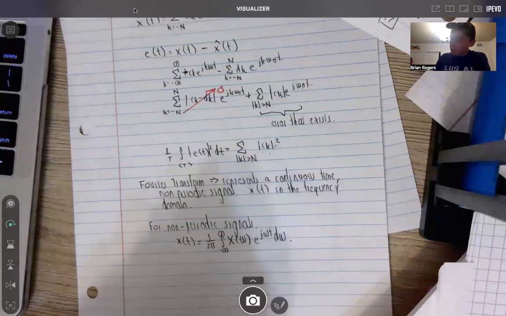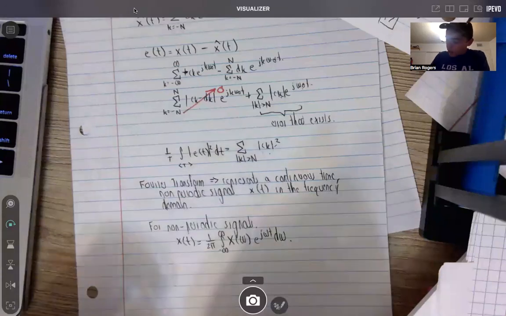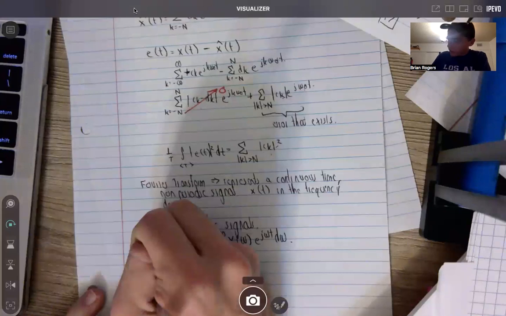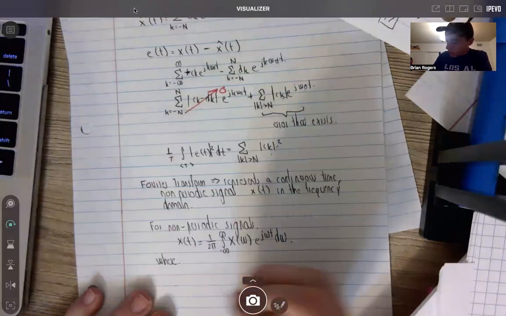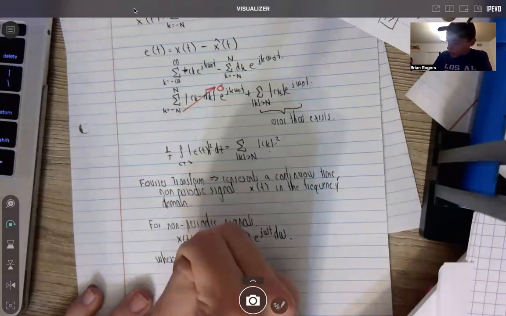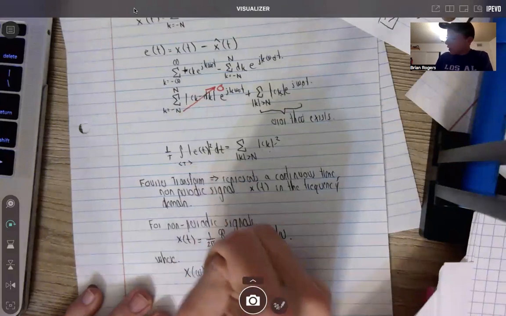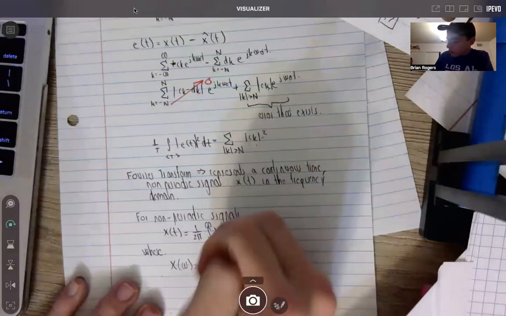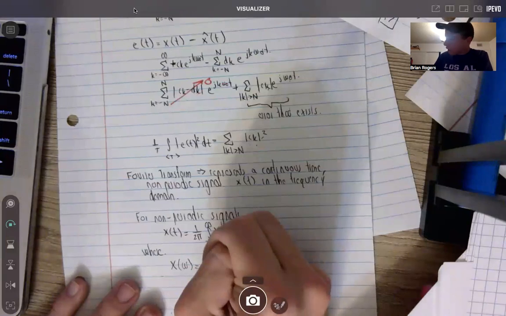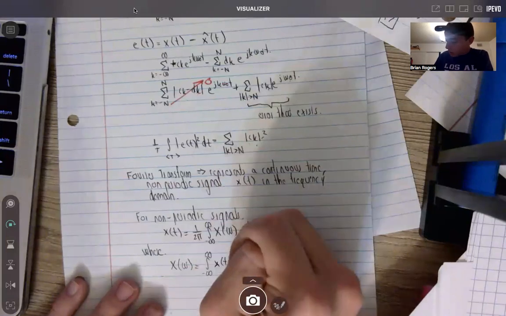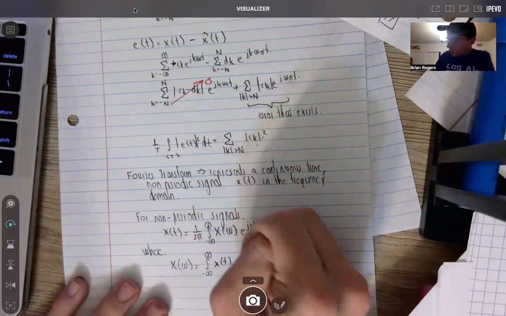And so the actual Fourier transform is given by X of omega equals the integral from negative infinity to infinity of x of t e to the negative j omega t dt.